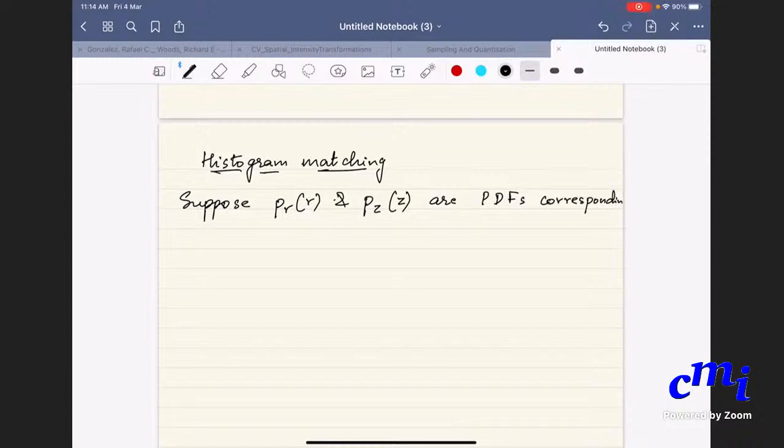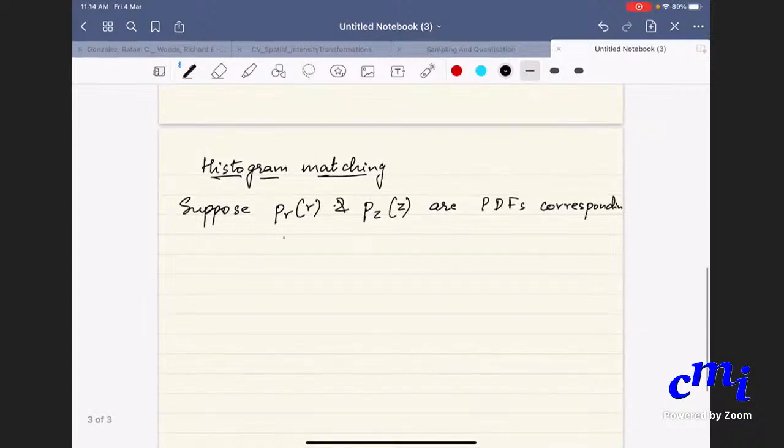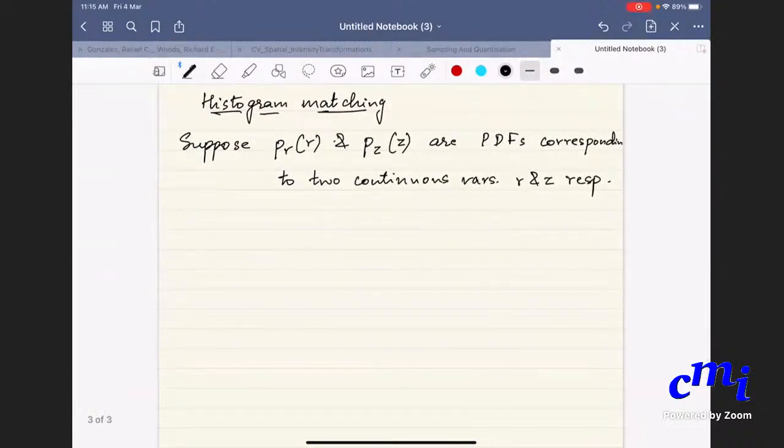Right now, like before, we will talk about the continuous case and then reduce to the discrete case.